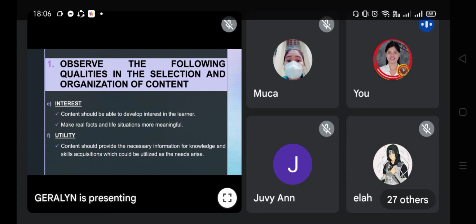We also have to make real facts and life situations more meaningful. Bottom line, aning interest, values.